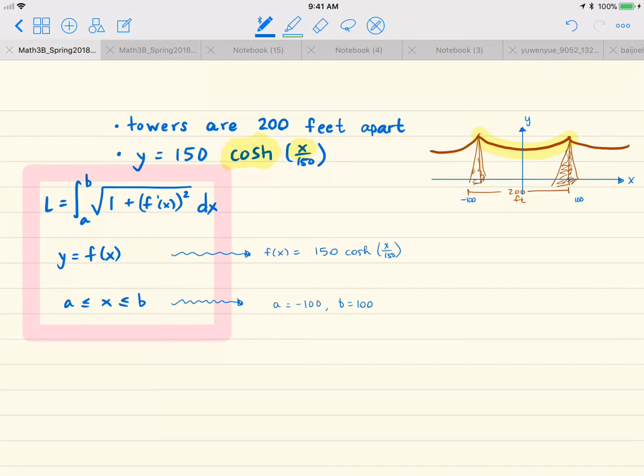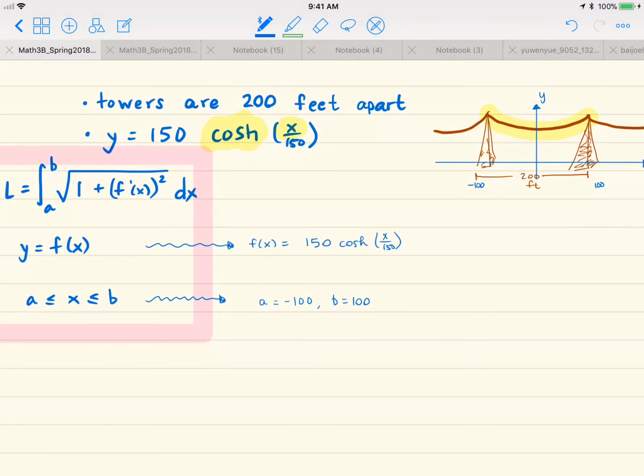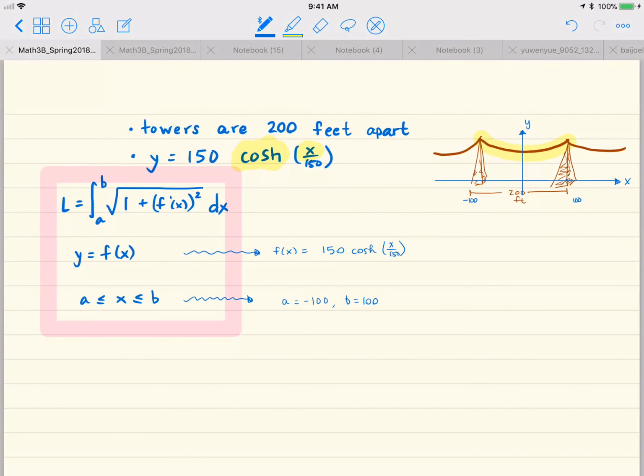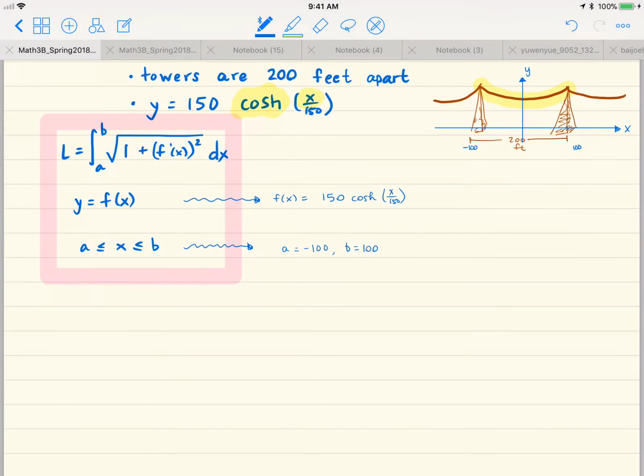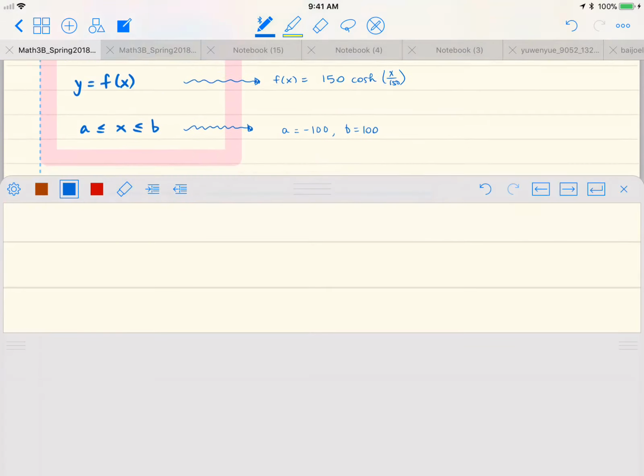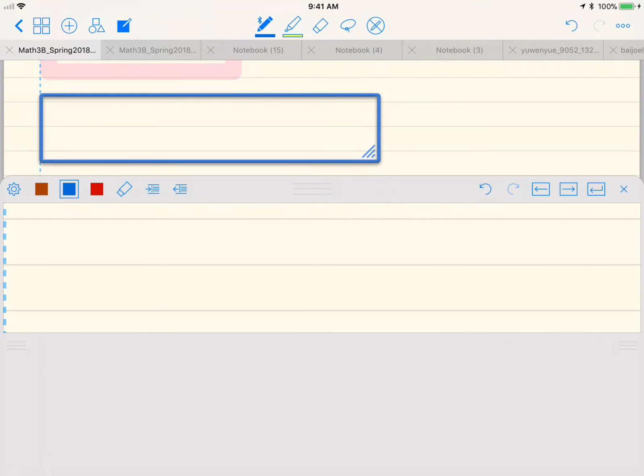Okay, and now what remains is evaluating the formula for the arc length. So let's go ahead and get started with that. So L is going to equal the integral from negative 100 to 100 of the square root of 1 plus.